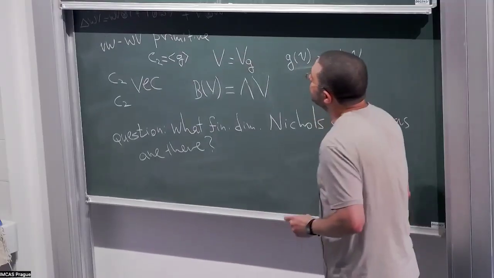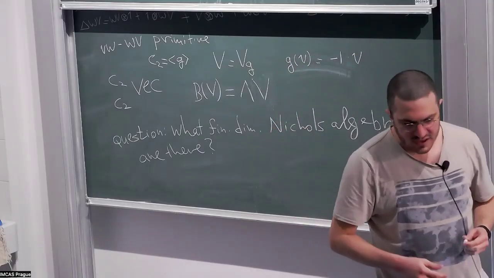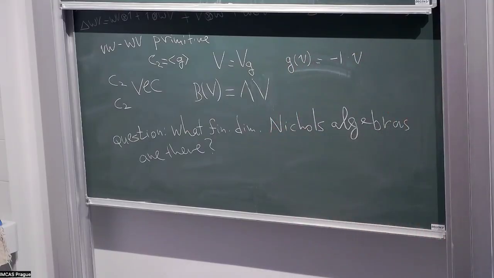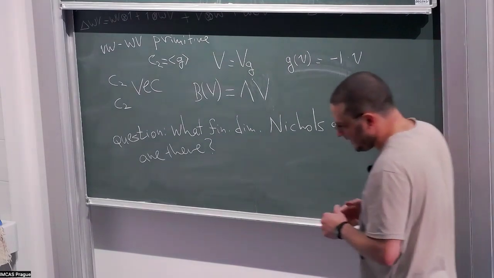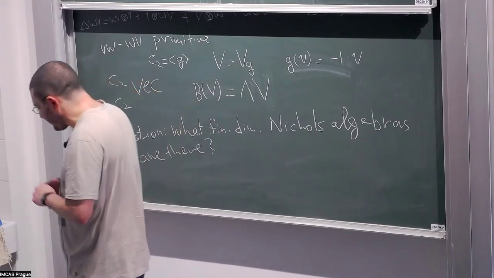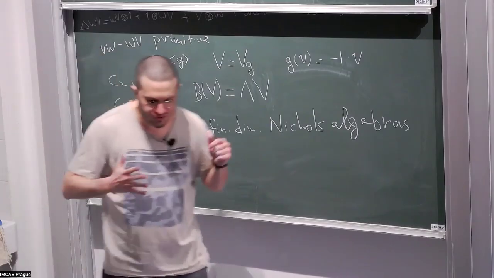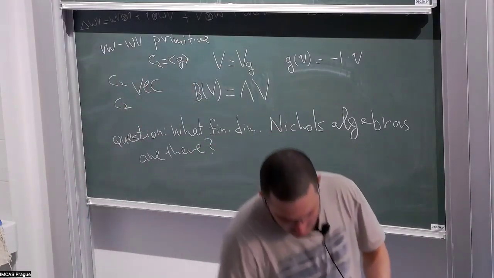So here's the thing. When you speak about this category of the Yetter-Drinfeld modules over G, it's a semi-simple category, and classifying the simple objects is something doable. You can classify them in terms of conjugacy classes, and for each conjugacy class, you need the representations of the centralizer of an element in that conjugacy class.